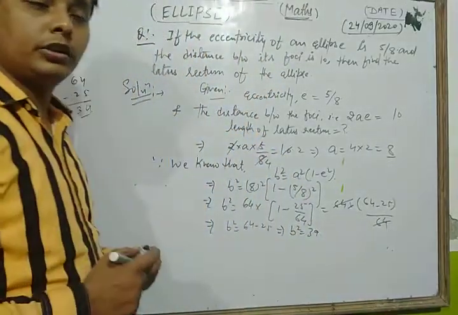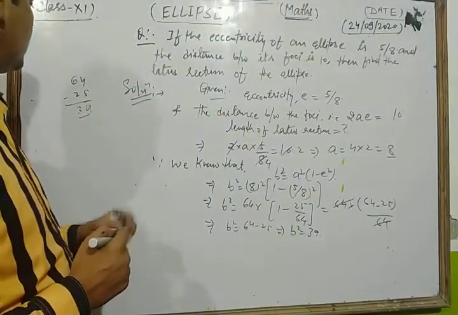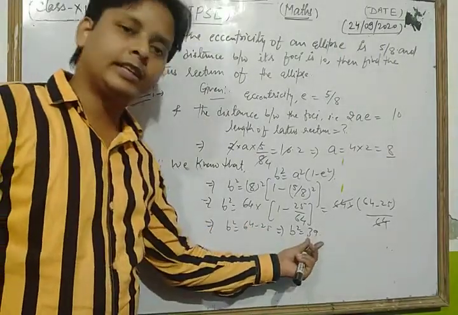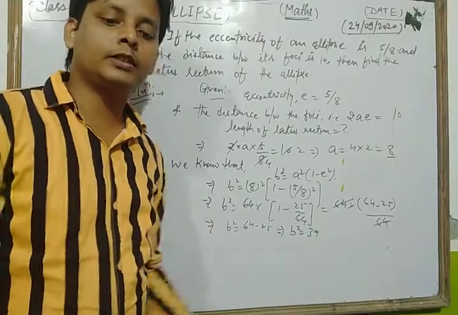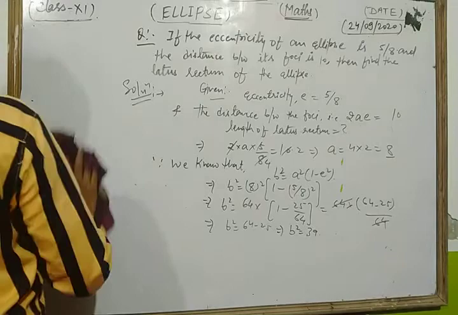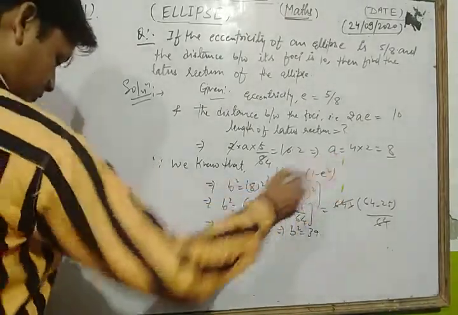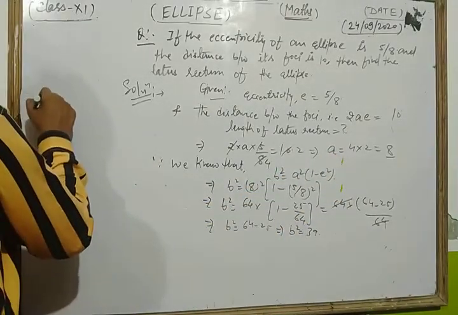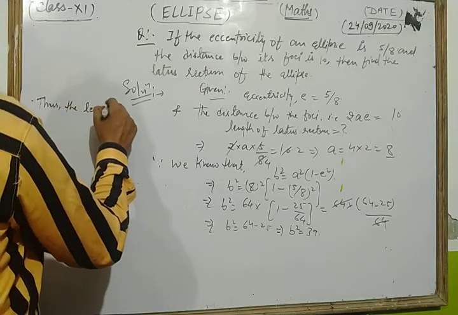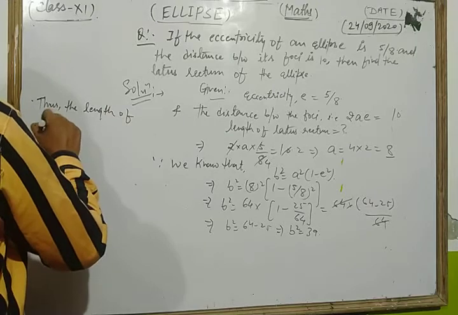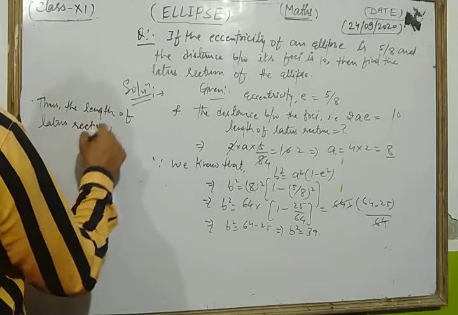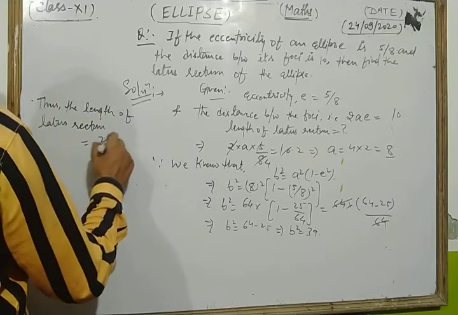Now, dear student, b square is equal to 39. Now we find the length of the latus rectum. Let's see. Thus the length of the latus rectum of this ellipse is 2b square upon a.